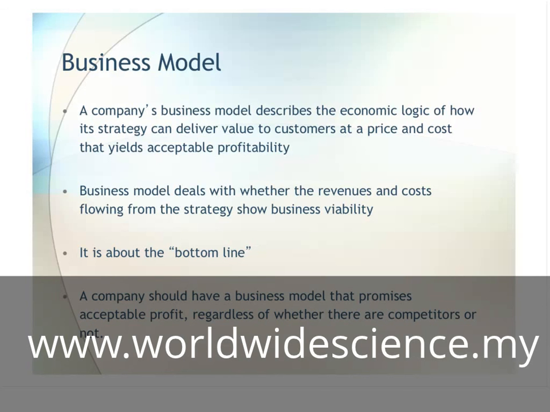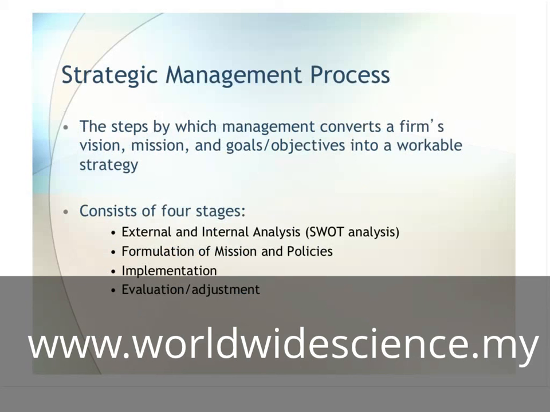Okay. So let's go to the next slide. A strategic management process. The steps by which management converts a firm's vision, mission, and goals or objectives into a workable strategy. So this is where we get to these nice things. It's called vision, mission, and objectives.